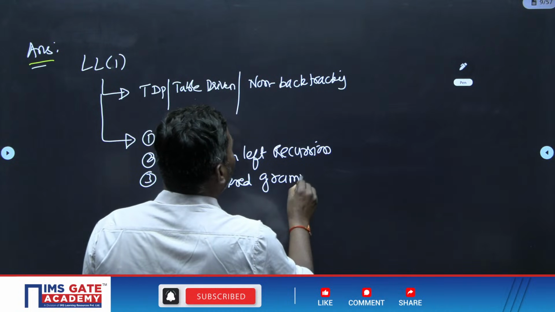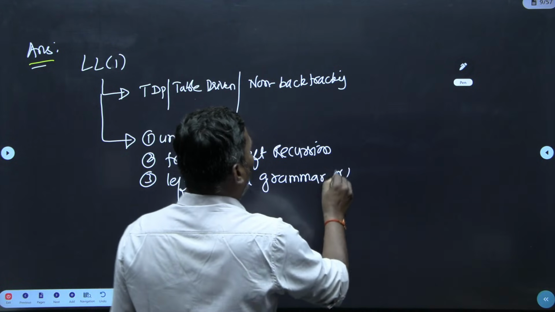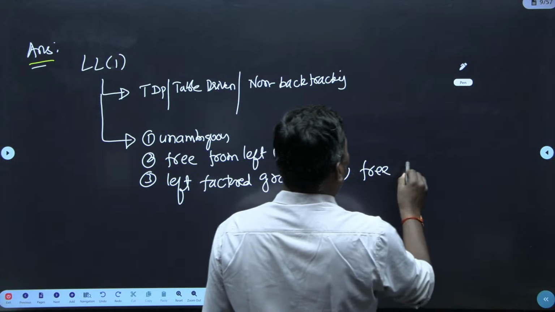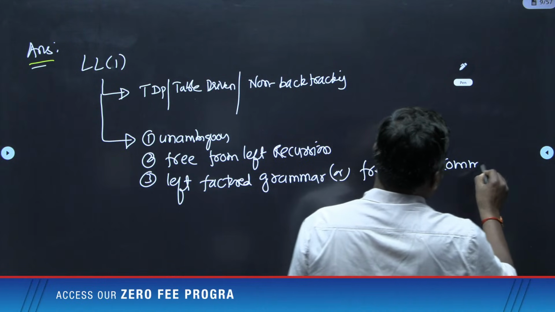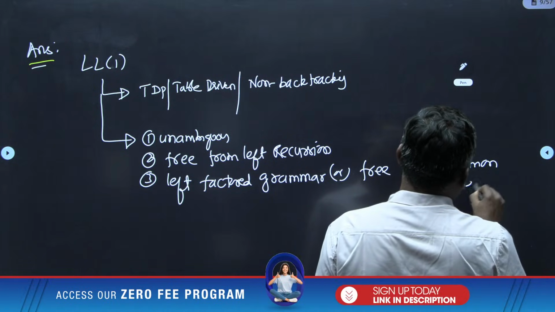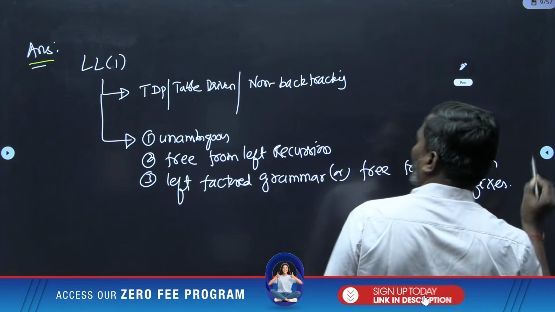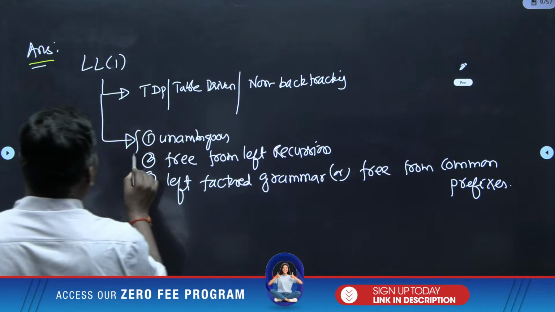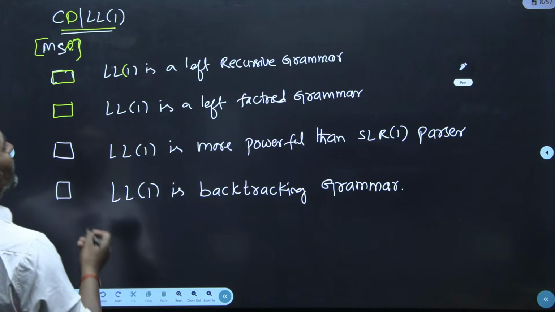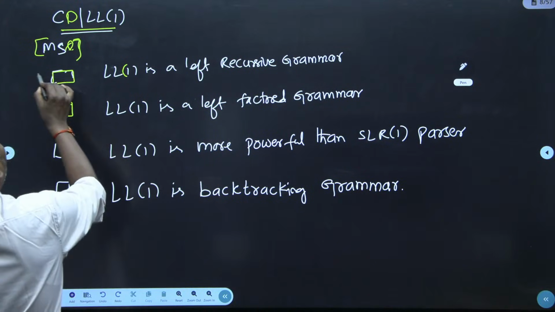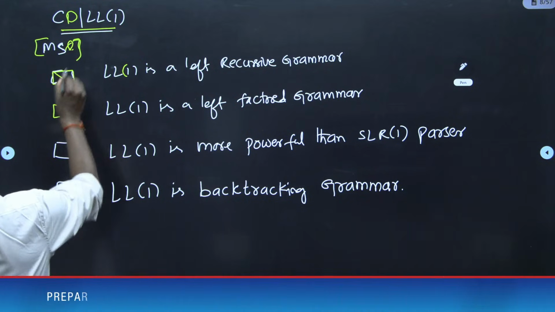Or else, it should be free from common prefixes. These are the properties of LL1. With this we can answer: LL1 is a left recursive grammar? It is not left recursive, so this option must be false.